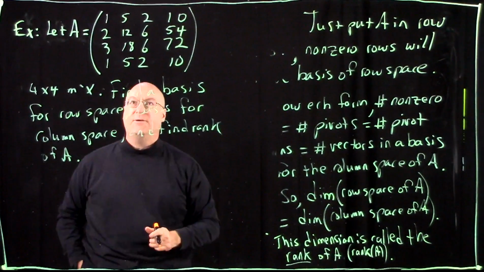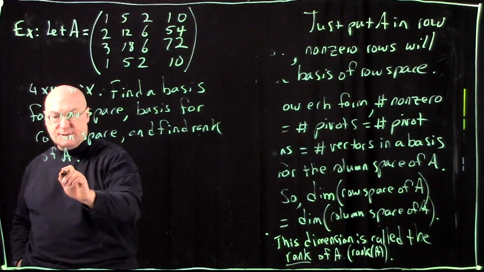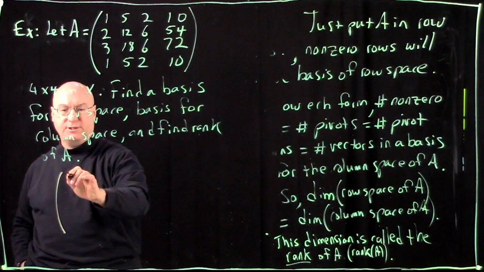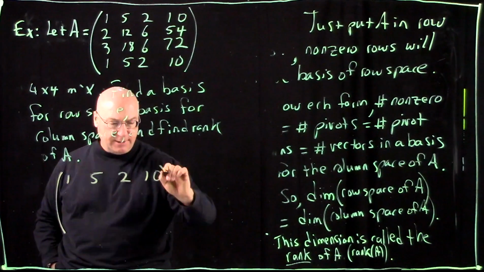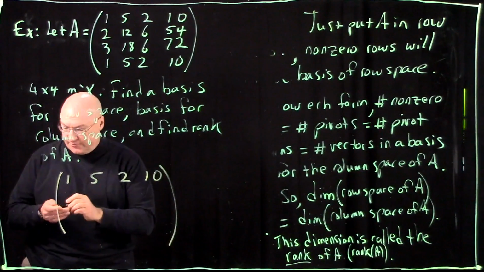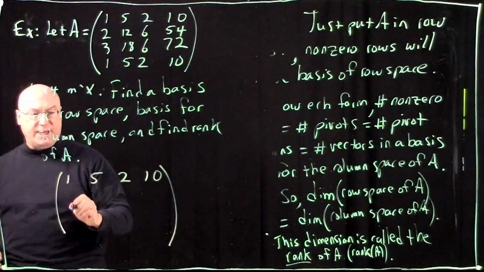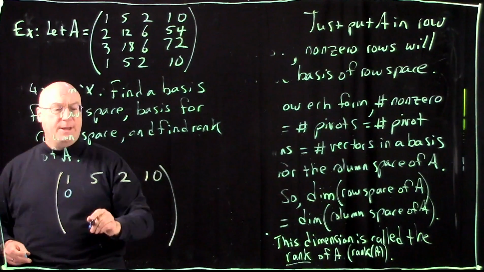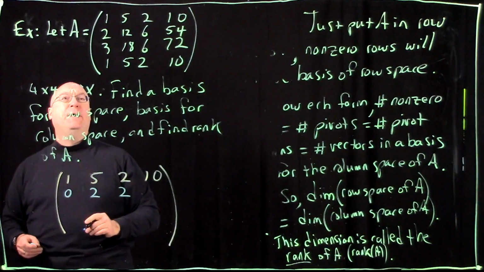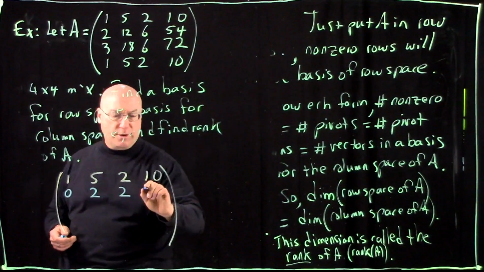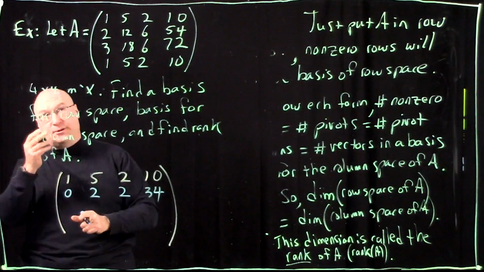All I'm going to do is row reduce, and we'll see where that leads us. It's probably all going to squeak no matter what I do. 1, 5, 2, 10. I'm going to take -2 times the first row and add it to the second row. When I do that, I get 0, 2, 2, 34. I'm going to take -3 times the first row and add it to the third row.